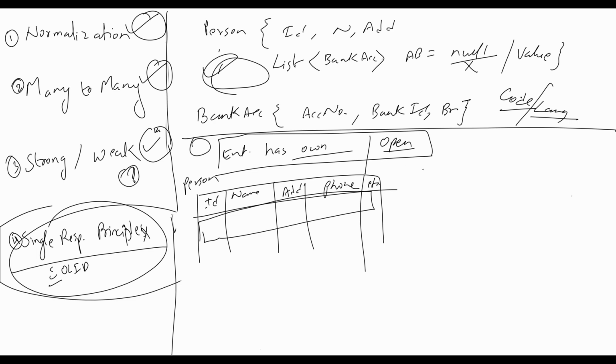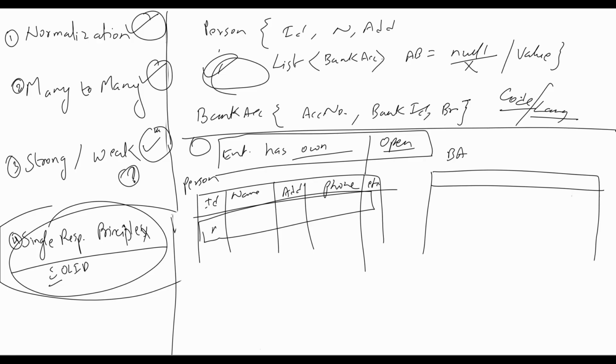We are not thinking of normalization over here, we are not thinking of a many-to-many relation. Normally normalization is going to get you over here, to a normalized form where every table has its own responsibility. But if we directly apply this principle, it's going to work so well. Then again, let's say we have another table called BankAccount, which will only be needed to display the bank account details.